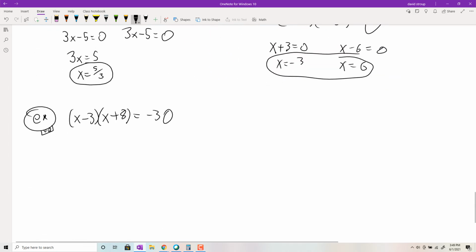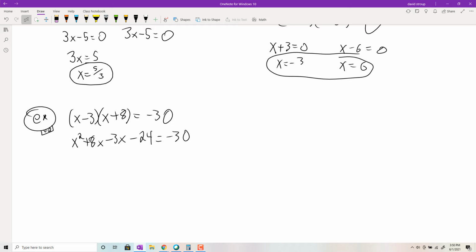So you have to do some work. You're going to have to FOIL first. x squared outer plus 8x inner minus 3x minus 24. Combine like terms. Move the 30 to the other side. And then you could factor it.